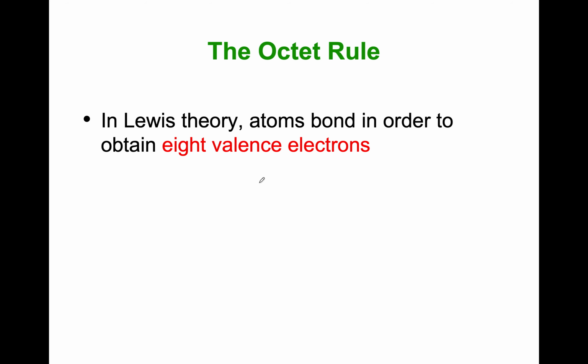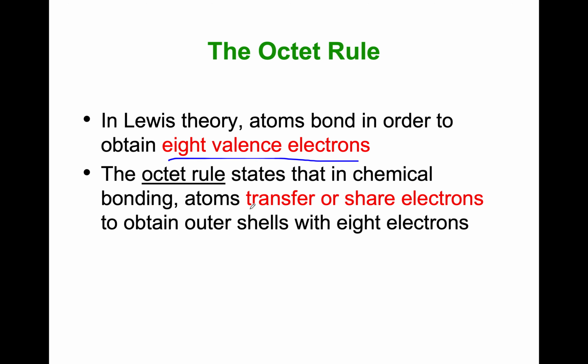The octet rule, as the name implies, has to do with 8. We're talking about 8 electrons. That is what's the goal, that's the ideal. This can happen a variety of ways. It could be a transfer of electrons, or there could be sharing of electrons. Somehow these elements want to get to 8.